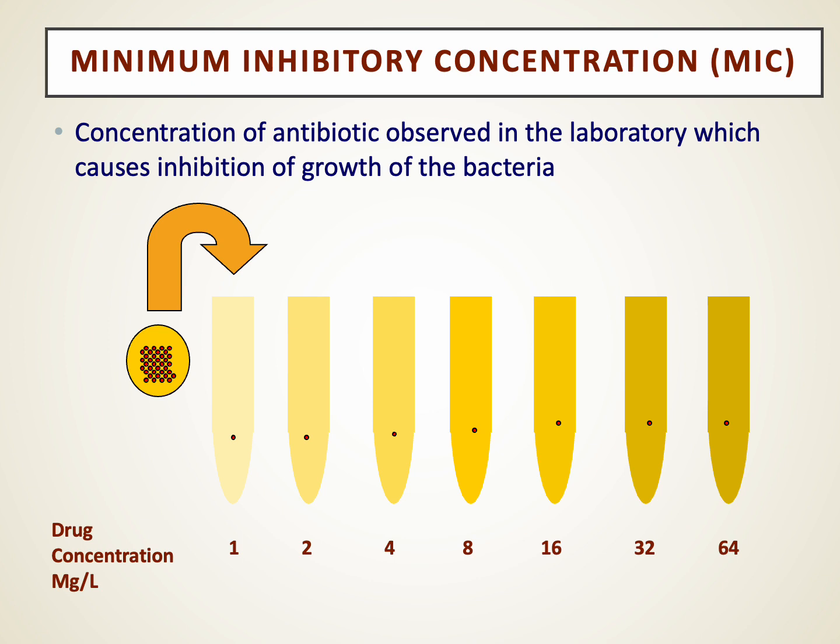Typically, once a pathogen is identified from initial culture, which usually takes 24 hours, 48 hours, into the culture process, that pathogen is then put in increasing dilutions of increasing concentrations of different antibiotics.